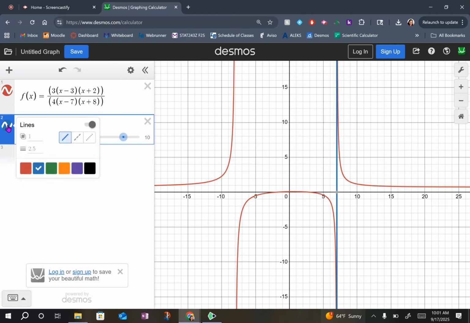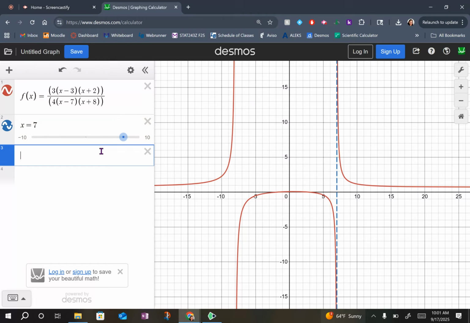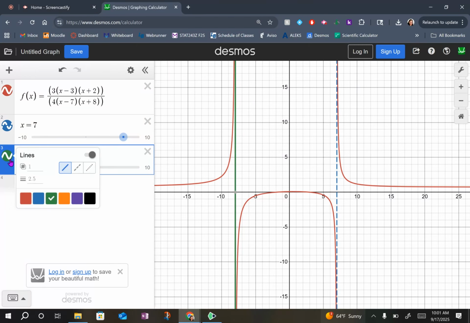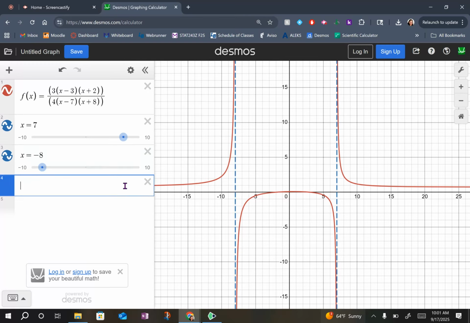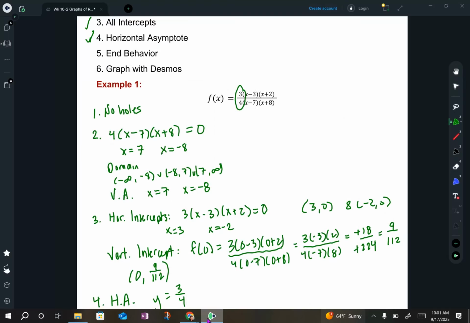I know if I hit this, oh, there we go, dashed line. There is my x equals 7, and then I can also do x equals -8. All right, so there's my graph with my vertical asymptotes, and that looks really good from what I found algebraically.